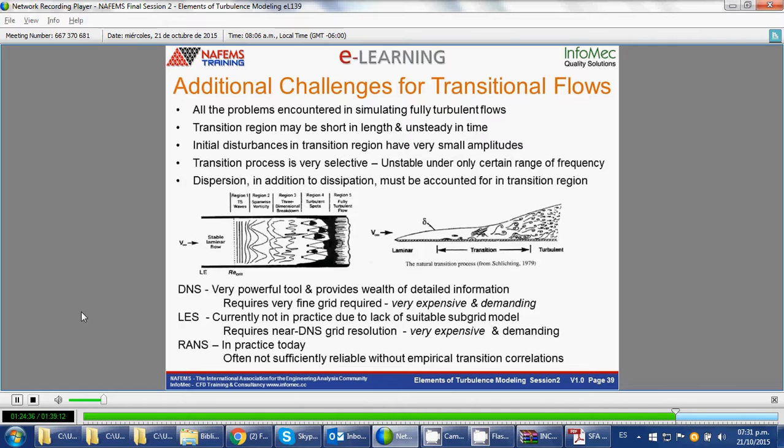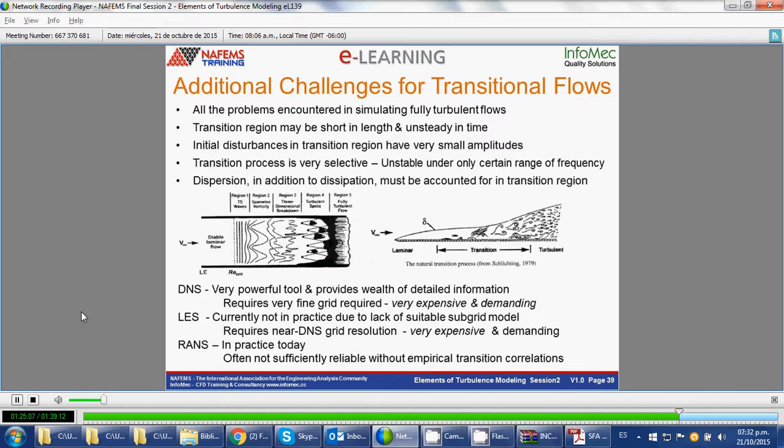So one other thing, we talked about fully turbulent flows and laminar flows, but transition is even more difficult than turbulent flows. All the problems that we face in turbulent flows are also present in transitional flows, and more. For example, transition is short in length and time, so this becomes even more challenging.